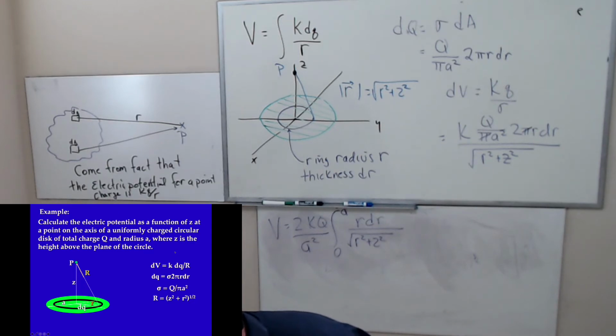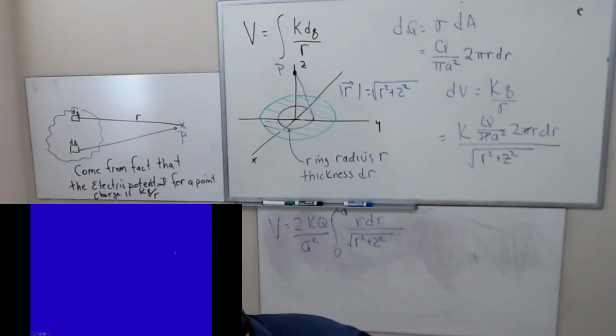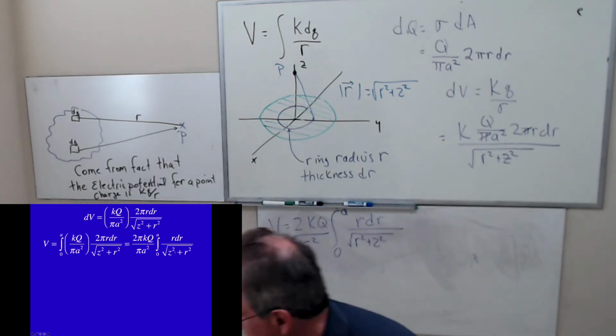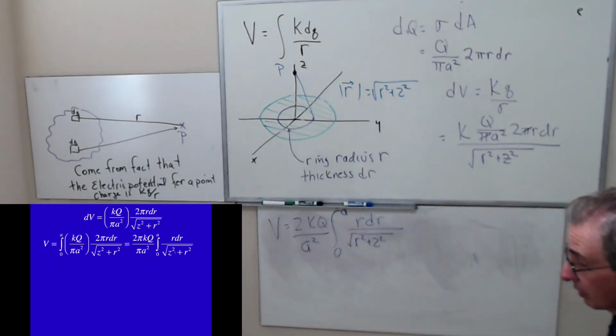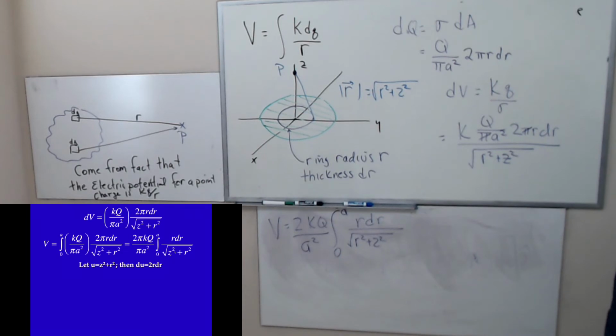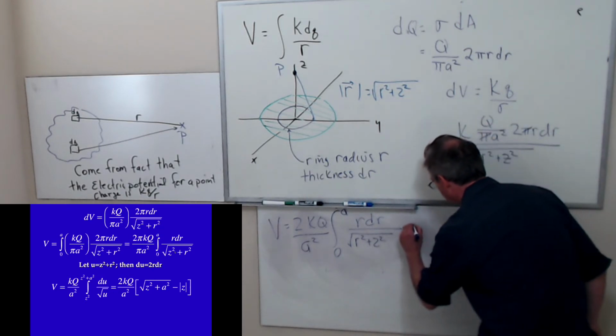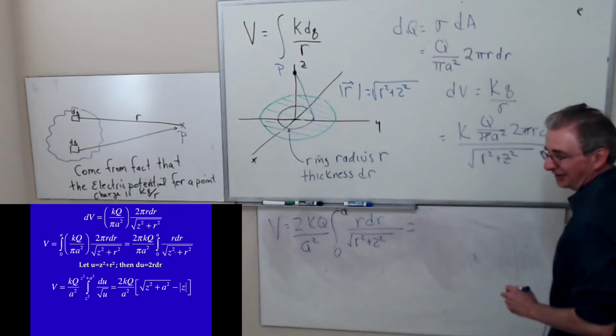Anyway, I had all this stuff written in your notes, but let me get to the next slide. So we have this integral. Use U sub, perform the integral, and I'm not going to bore you with the details of the integral.